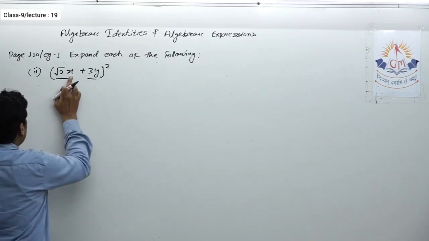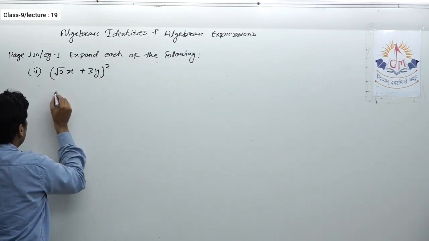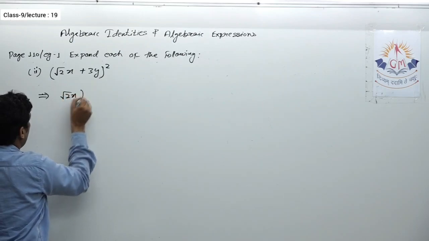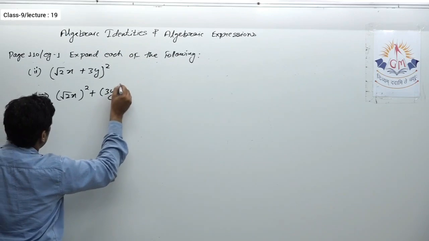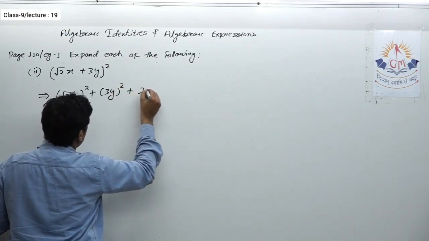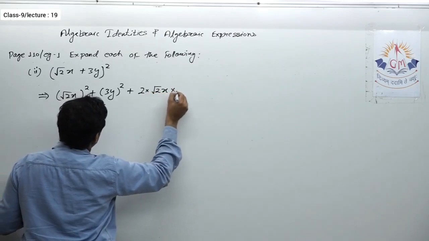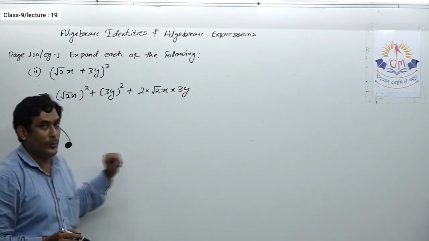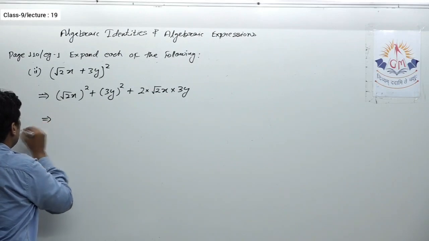The identity says a plus b whole square is equal to a square, that is root 2x whole square, plus b square, that is 3y whole square, plus 2 into a into b. Using the identity of a plus b whole square, we can write this. Now we have to simplify it further.